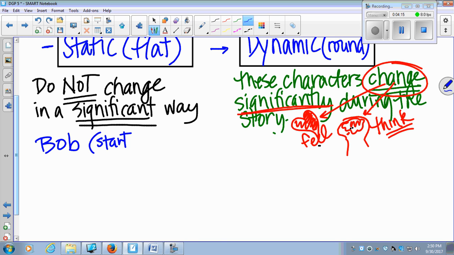At the exposition, we are introduced to Bob. Because this novel stays present, he stays the same. He has the same thoughts and feelings from the beginning of the novel to the end. So we have Bob as a static character. He is flat. He makes no change.